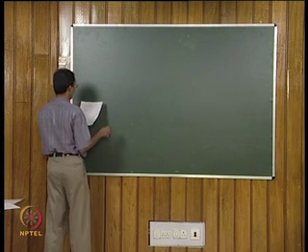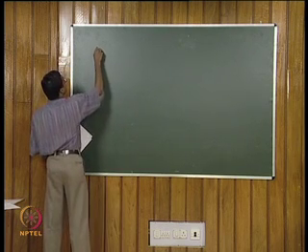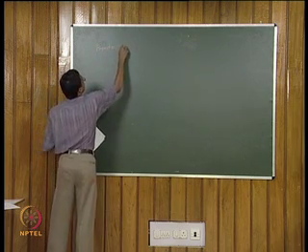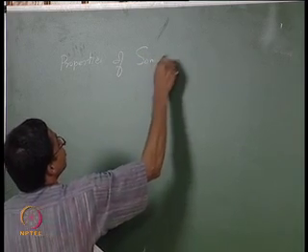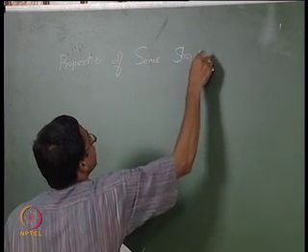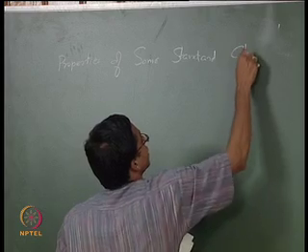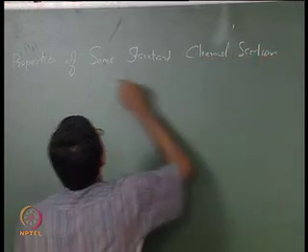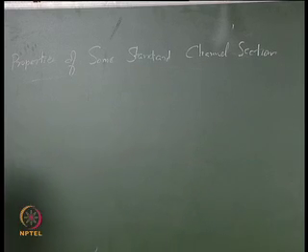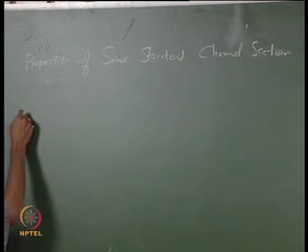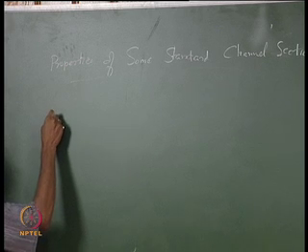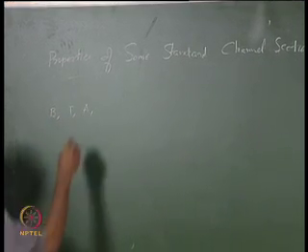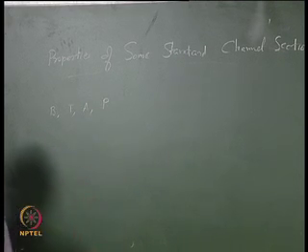So, what are the properties of a typical channel cross section? We told that some standard channel sections, if you are given, you can easily identify its bottom width, its top width, its area, its wetted perimeter.